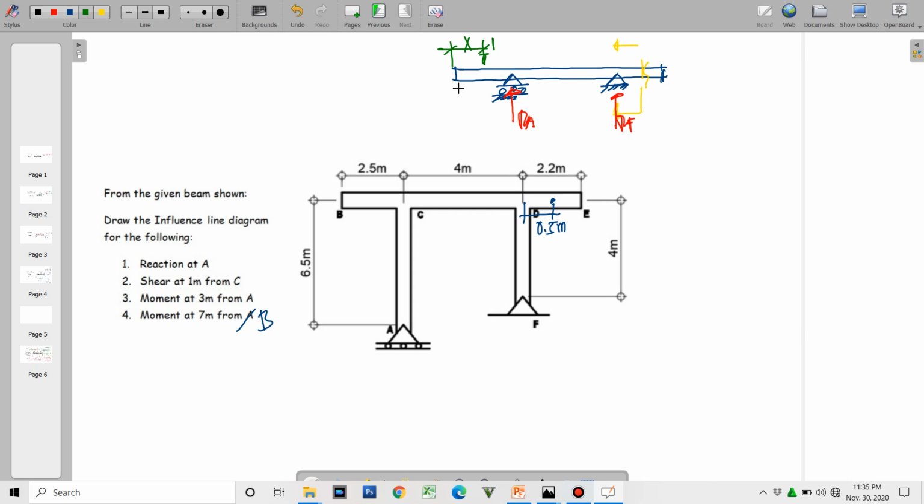Say this cut portion here is defined as 7 meters.